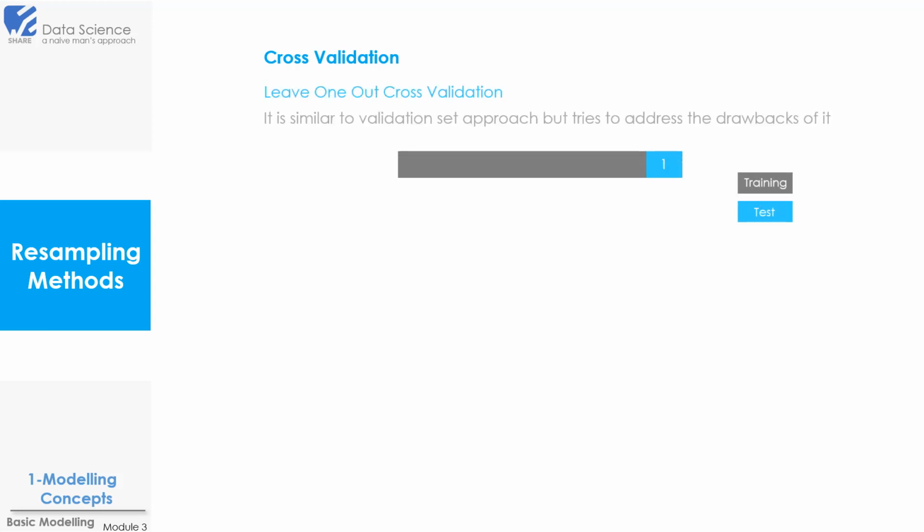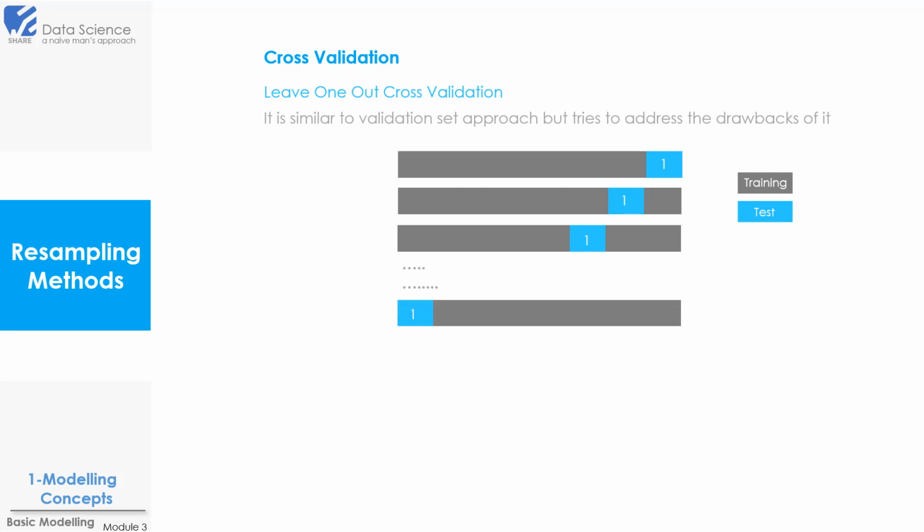Like the validation set approach, leave one out cross-validation involves splitting the dataset into two parts. However, instead of creating two subsets of comparable size like we did earlier as 70:30, here a single observation is used for the validation set, and the remaining observations make up the training set. As you can see here, only one observation is kept for testing the data and rest are part of the training data.